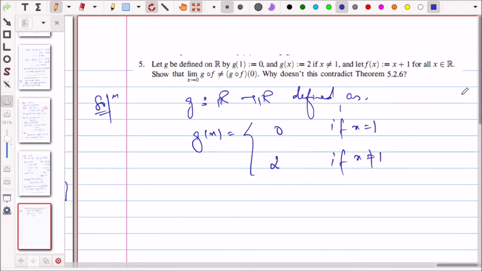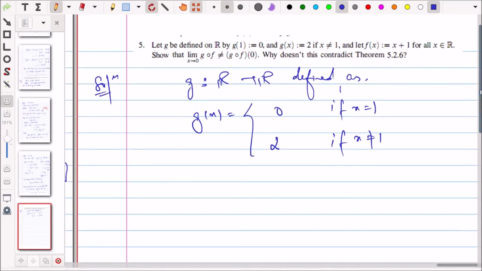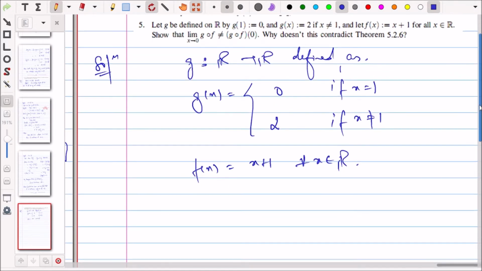So g is not continuous at x equal to 1, because the limit value is 2 while the value of the function at 1 is 0. And we are given the function f(x) equal to x plus 1 for all x belonging to R. So this is continuous everywhere on R. To show the limit as x tends to 0 of g of f is not equal to g of f of 0.